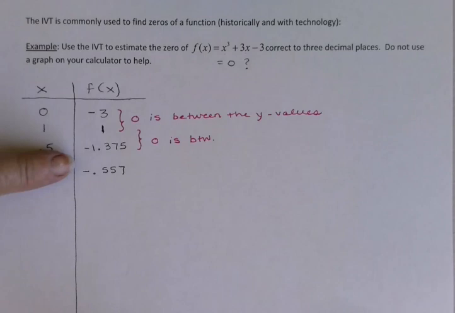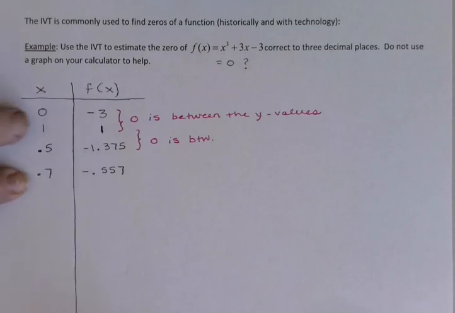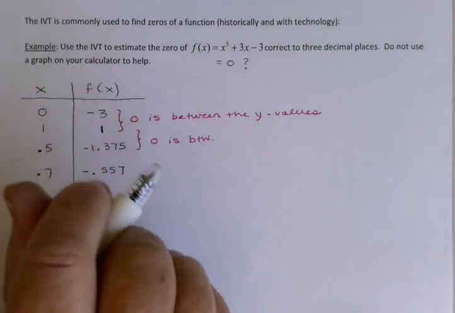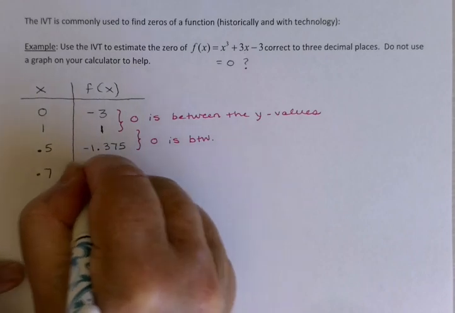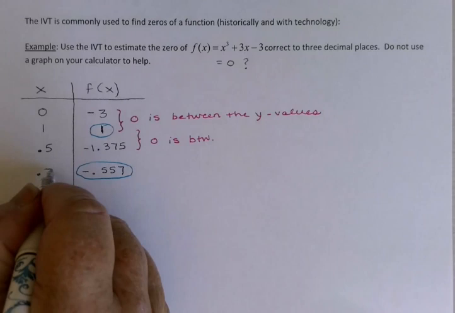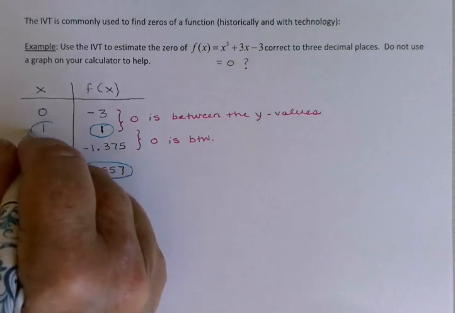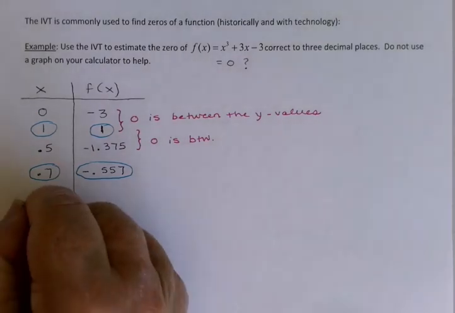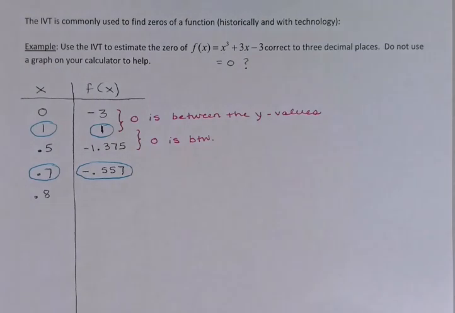All right, notice 0 is no longer in between here, but 0 is between here and here. So I'm going to pick a new x value between the 0.7 and the 1 to get closer. Let's try 0.8.